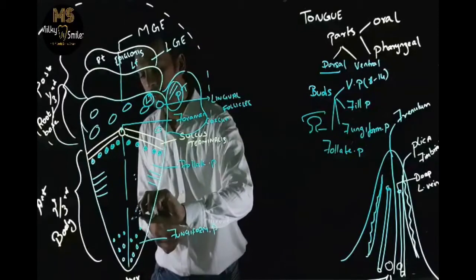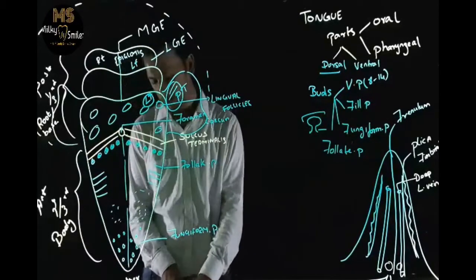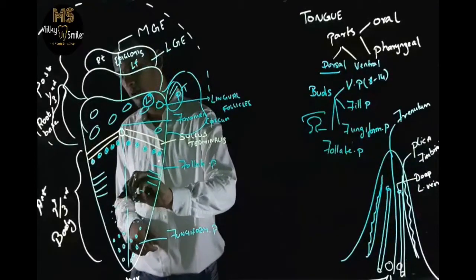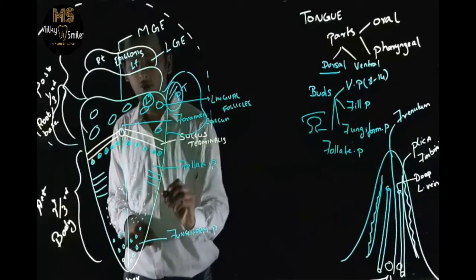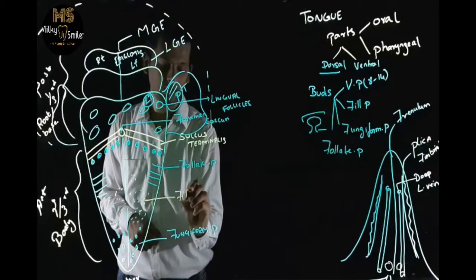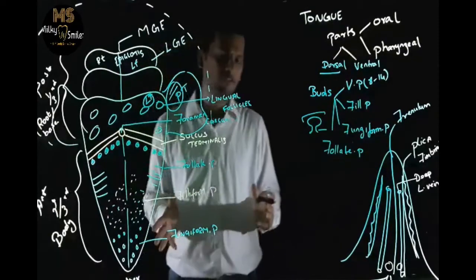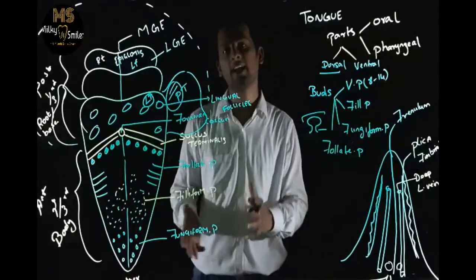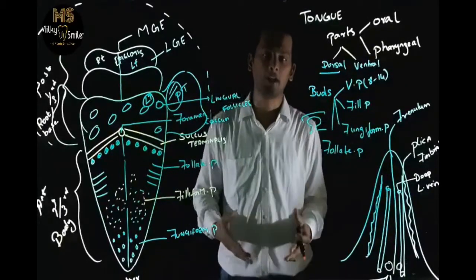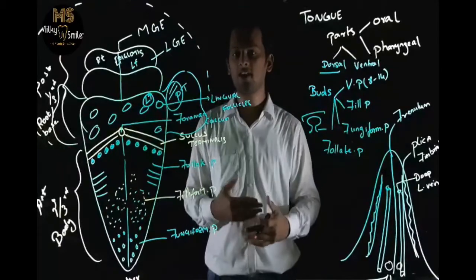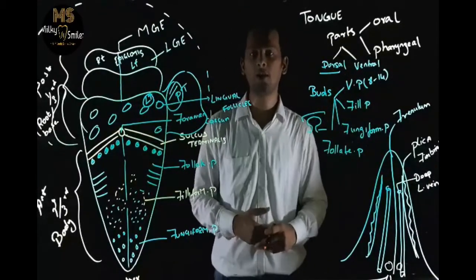And the other papillae that are seen are your filiform papillae that are present almost on the entire portion of your tongue. The filiform papillae are basically keratinized structures that do not carry taste buds. They are just a keratinized, roughened surface that gives texture to the dorsal surface of your tongue.